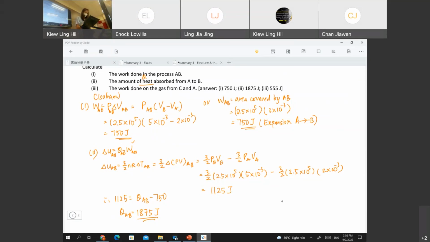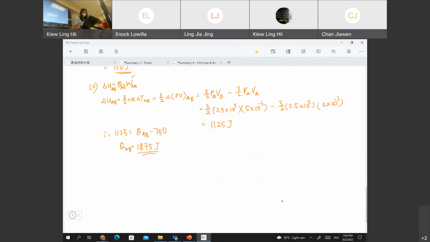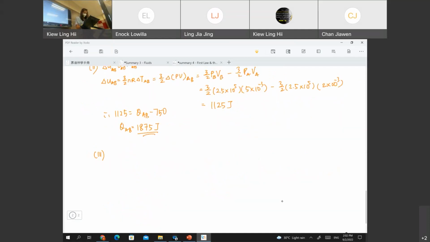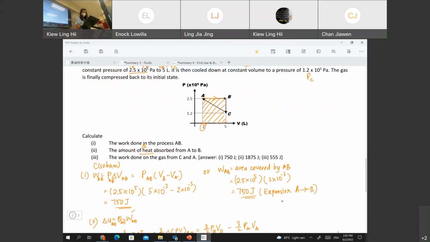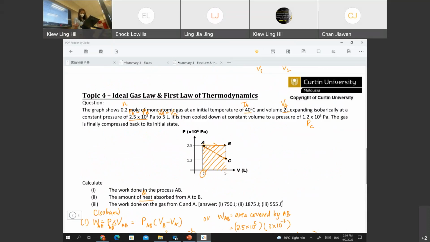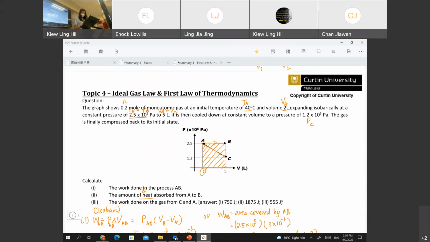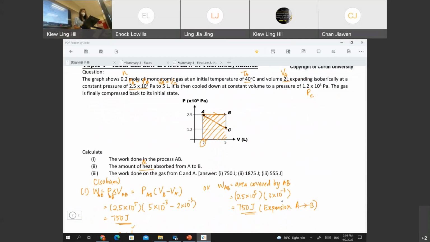Okay, so question 3. Look for work done from C to A. C to A is a diagonal line up, and it is not isobaric, so it is other than isobaric, also not isochoric.